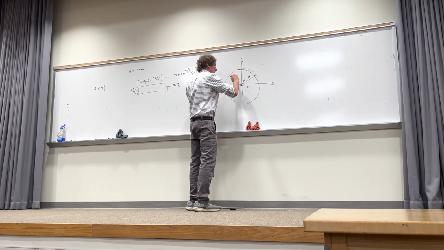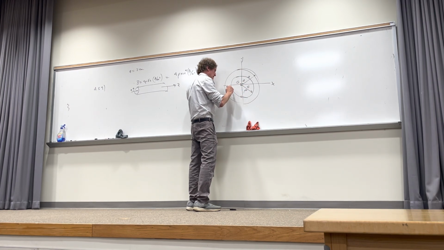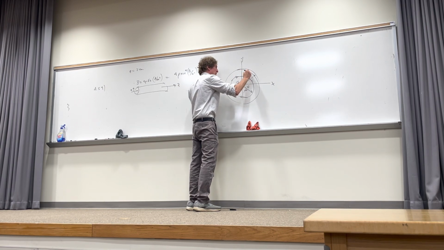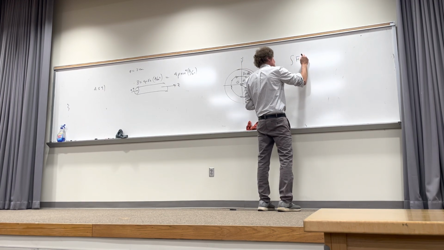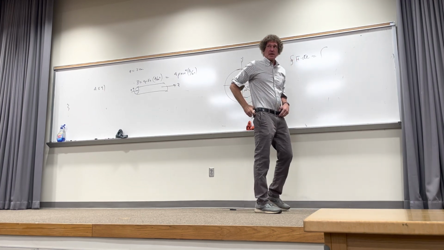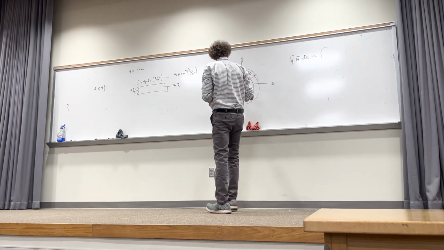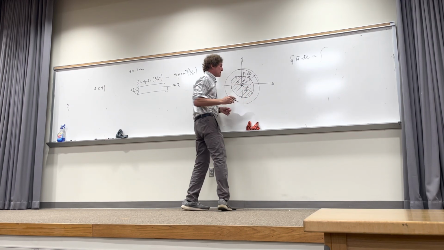Now I know if I come out a distance rho inside the wire and integrate H dot dl around that closed loop, that has to be equal to the current penetrating the actual surface area that the loop is the perimeter of.